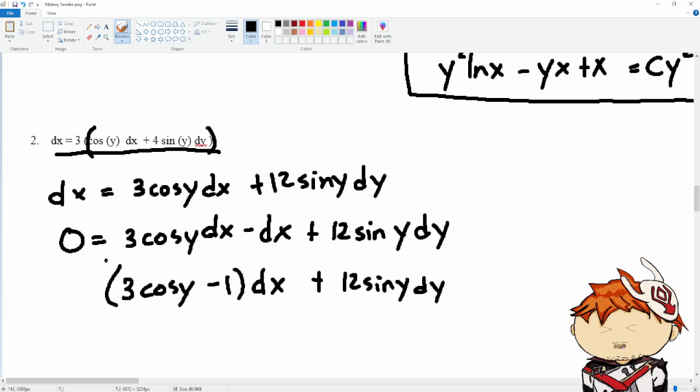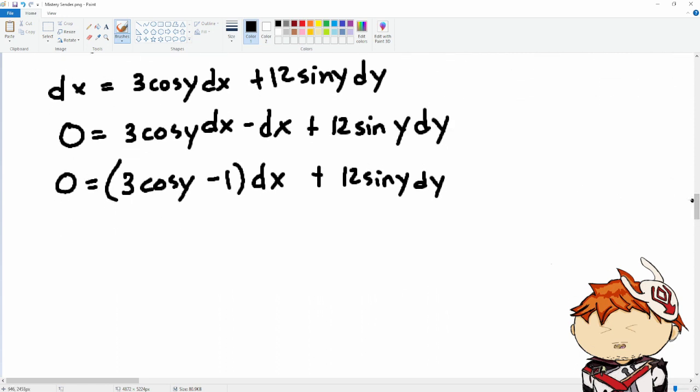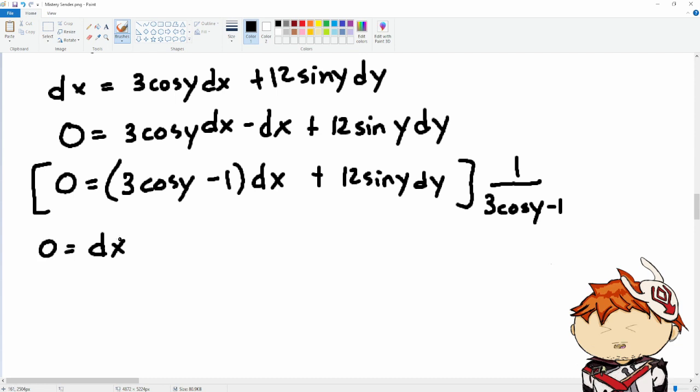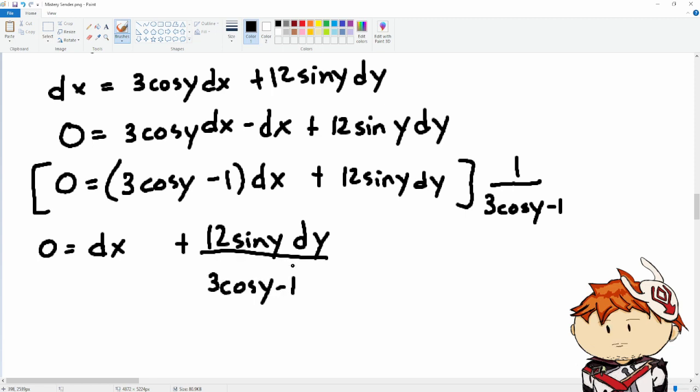Okay, at first this looks like a linear equation, but it seems to be a separable equation. Let's do a separable process. Simply separate. Divide by the change. So this will become dx over 0 is equal to dx plus 12 sine y dy over 3 cosine y minus 1.